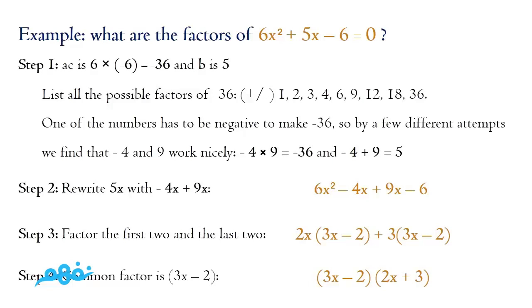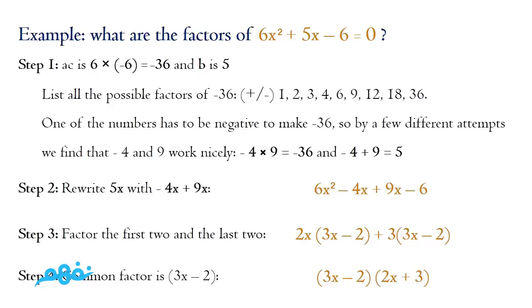Then we rewrite the b term of the function in the new form, which is negative 4x plus 9x. You can say that negative 4x plus 9x really equals 5x, but we rewrite it to be able to find common factors to factor this equation.